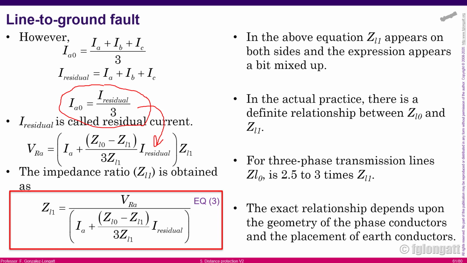Equation number three is telling me that when there is a line to neutral fault, the impedance that the relay sees is the ratio between the voltage at the location of the relay divided by the short circuit current, and this important term over here that is relating positive and zero sequence plus the residual current, okay?